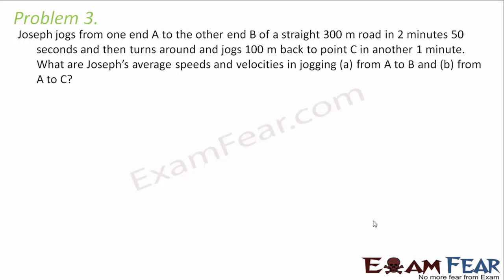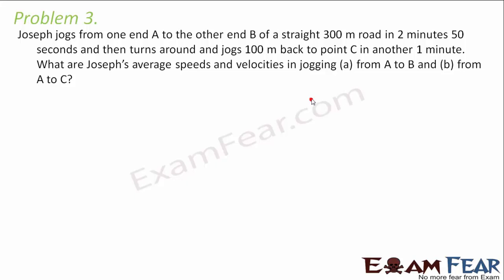It says Joseph jogs from one end A to the other end B of a straight 300-meter road in 2 minutes 50 seconds and then turns around and jogs 100 meters back to point C in another 1 minute. So in this case, what happens?